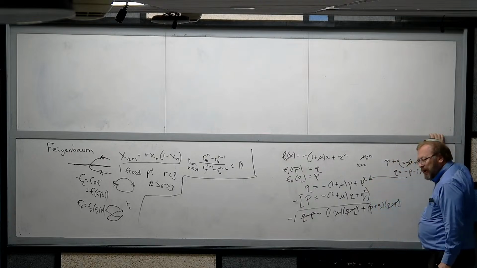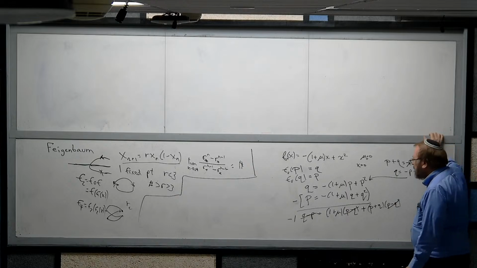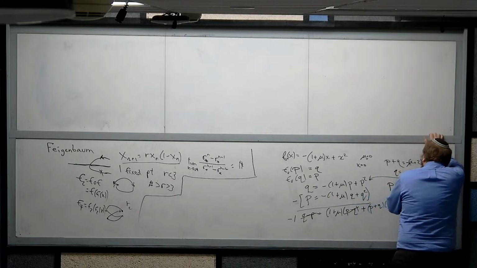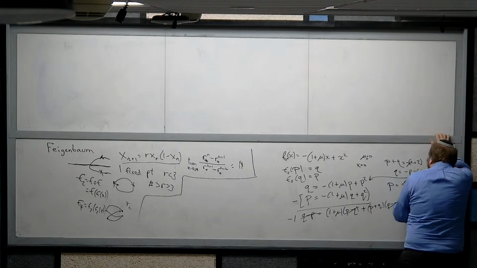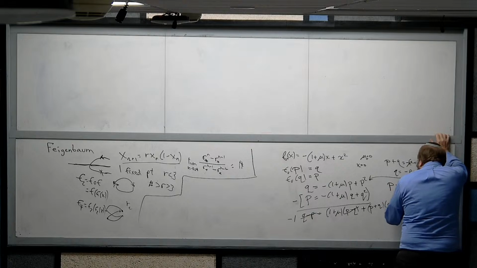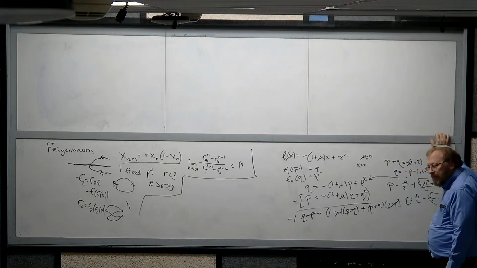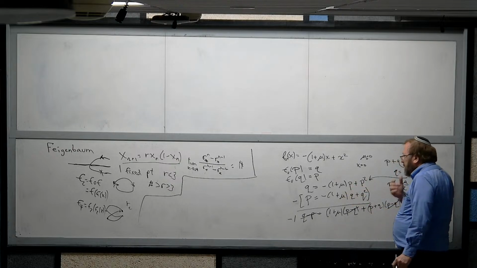You get a quadratic equation for p, and the solution is that p equals mu over 2 plus or minus the square root of mu squared plus 4 mu over 2. And q is with the minus sign. Okay, so that's the p and q. So we have now found q and p.